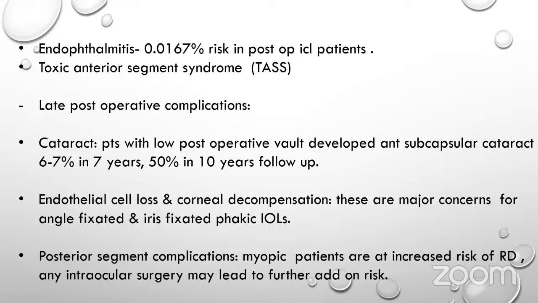So I think these quoted figures are wrong. 50% in 10 years follow-up is too high. That means I might have used maybe 600, 700 lenses, I should have done 350 cataracts by this time. I have hardly done one. So I think these figures are wrong. Exactly, you should have references when you quote these figures.